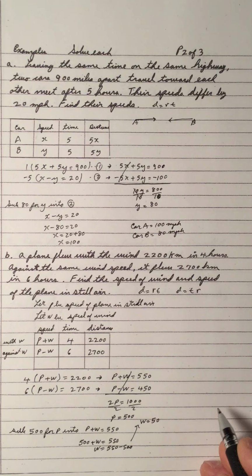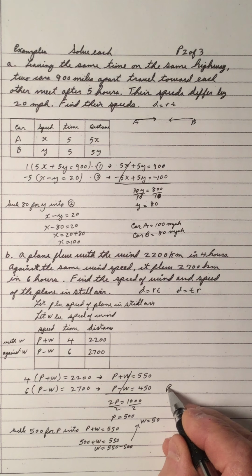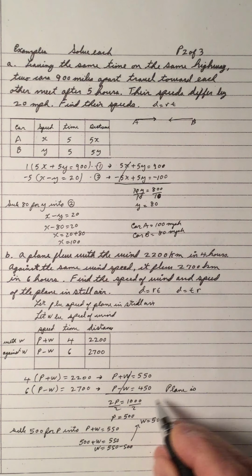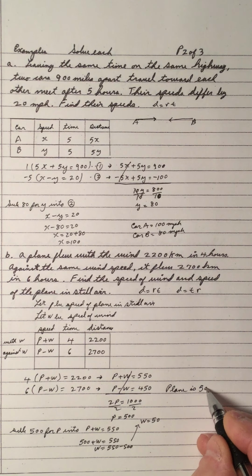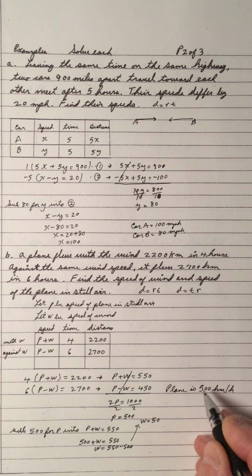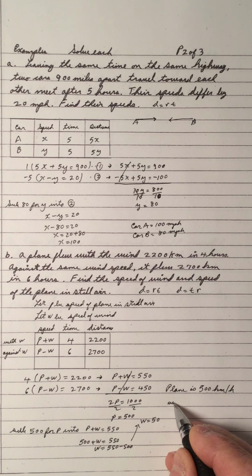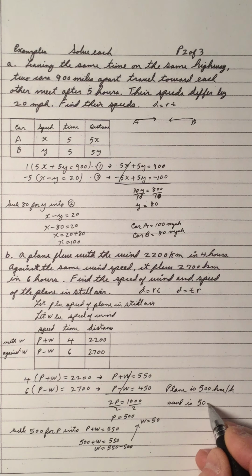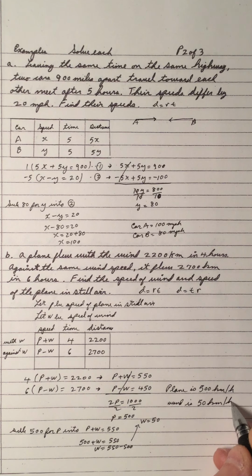So to finish the problem off, the plane speed is 500 kilometers per hour, and the wind speed is 50 kilometers per hour.